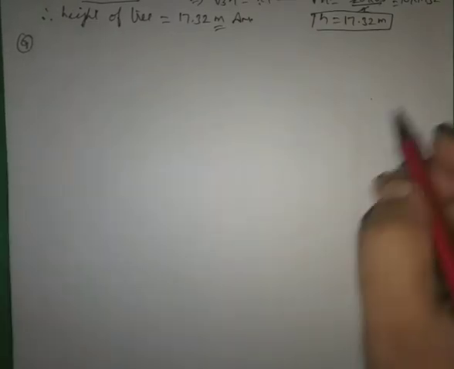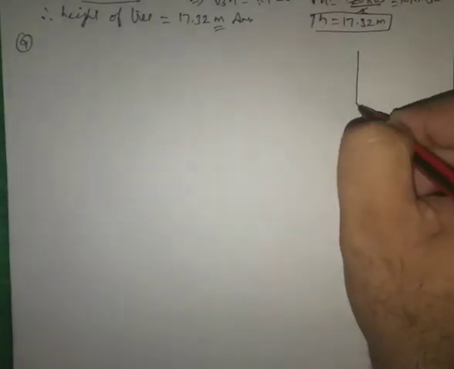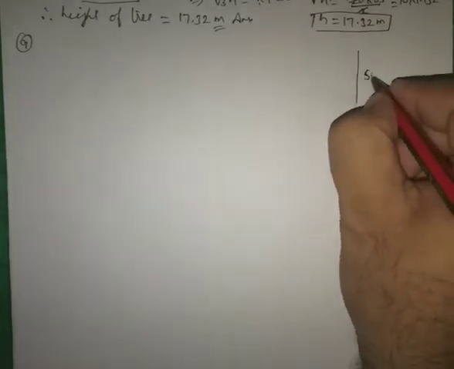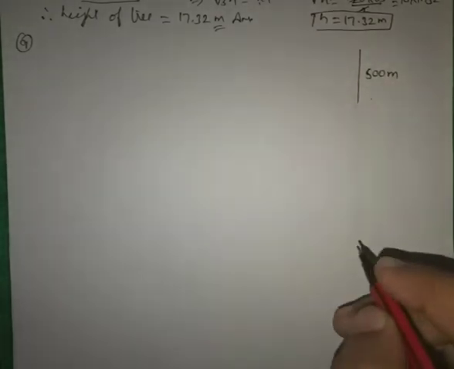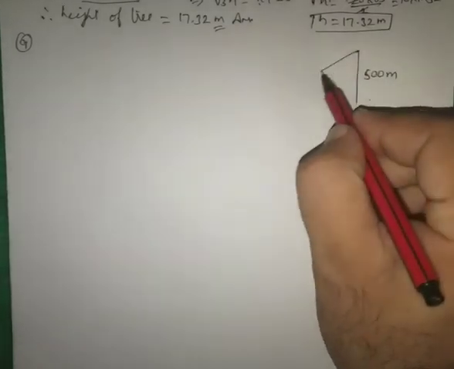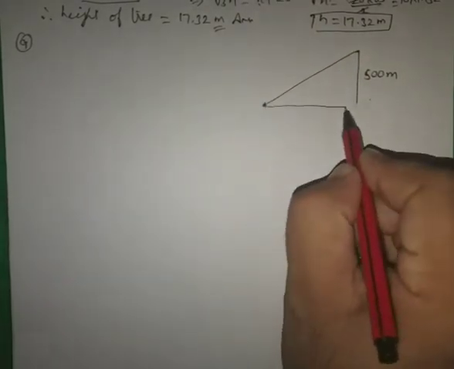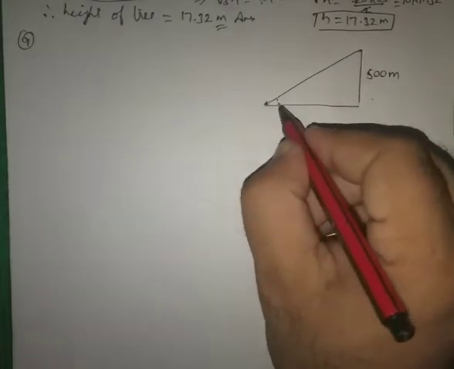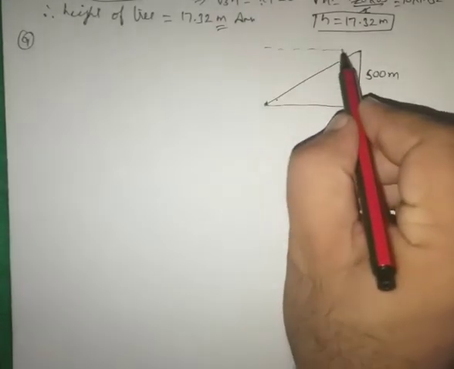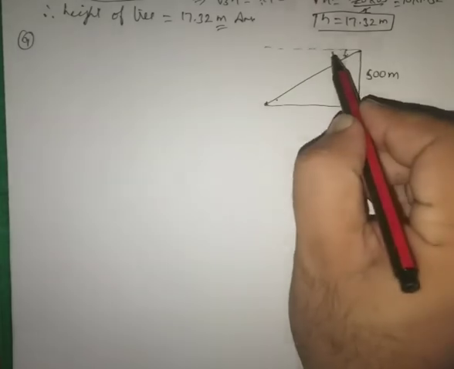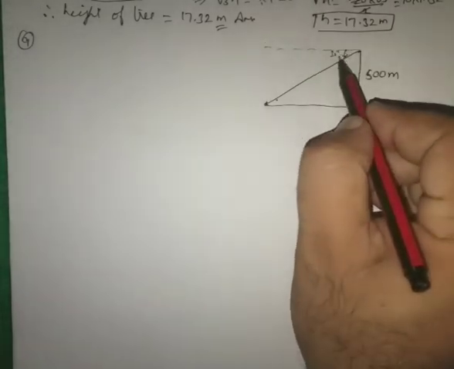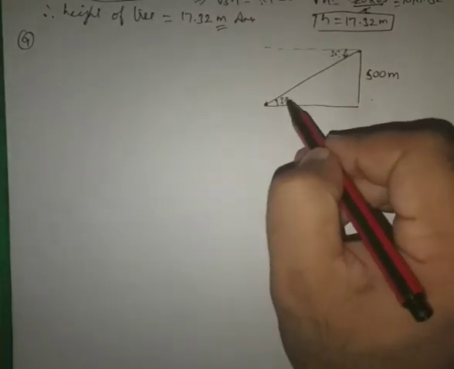So I'm solving question number 9. Let us say that this is the cliff that is 500 meters high, and this was the position of the boat initially. The angle of depression is given as 30 degrees, and since this is 30 degrees, this will also be 30 degrees.